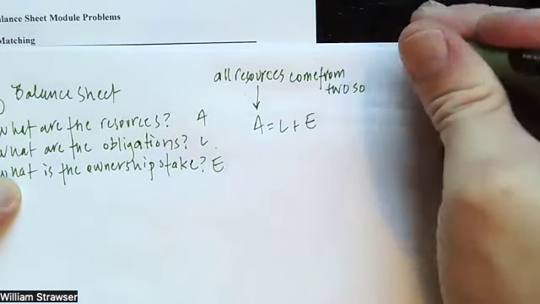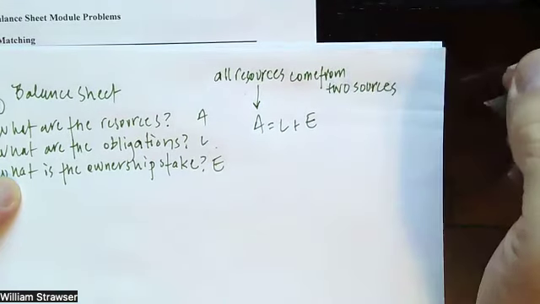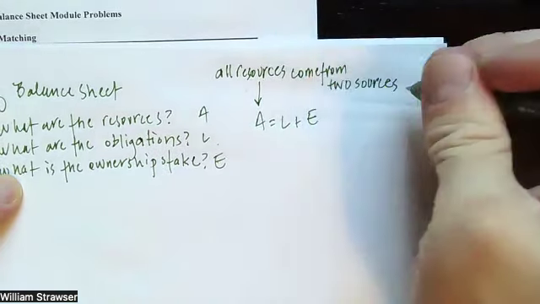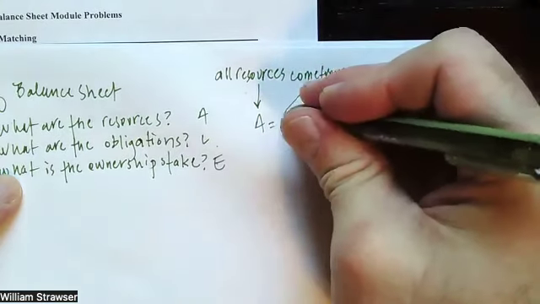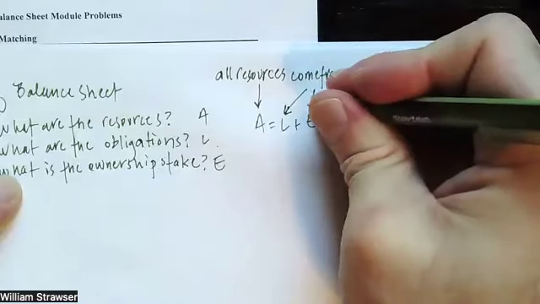So anything of economic value that a company has title to has to come from one of two places. Either the company borrowed it or it was invested.